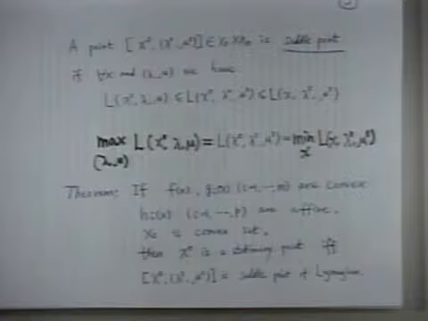If f of x is convex and these inequality constraints are convex functions and equality constraints are affine functions, well, why do we need affine functions, which can be either convex or concave? Basically because it's an equality constraint, which means we can only allow what?